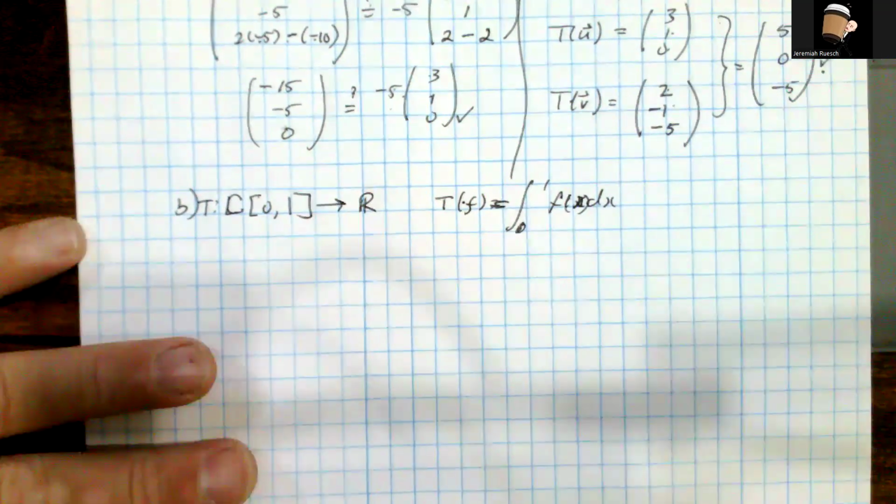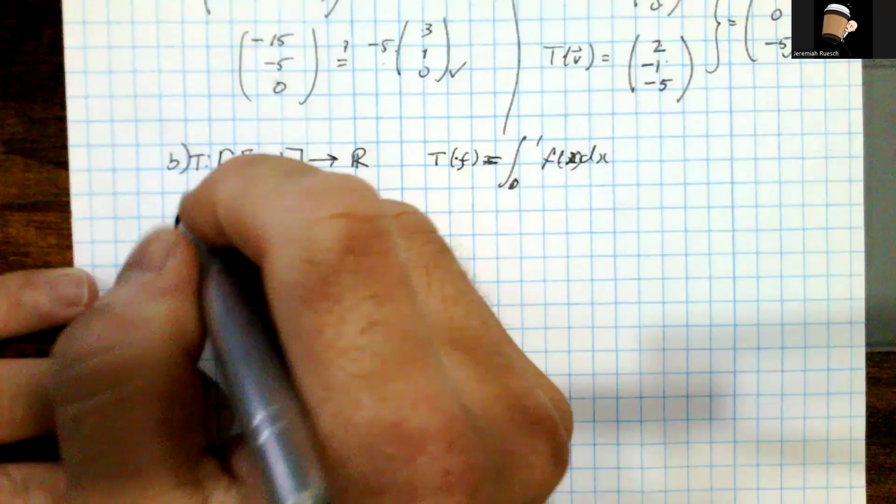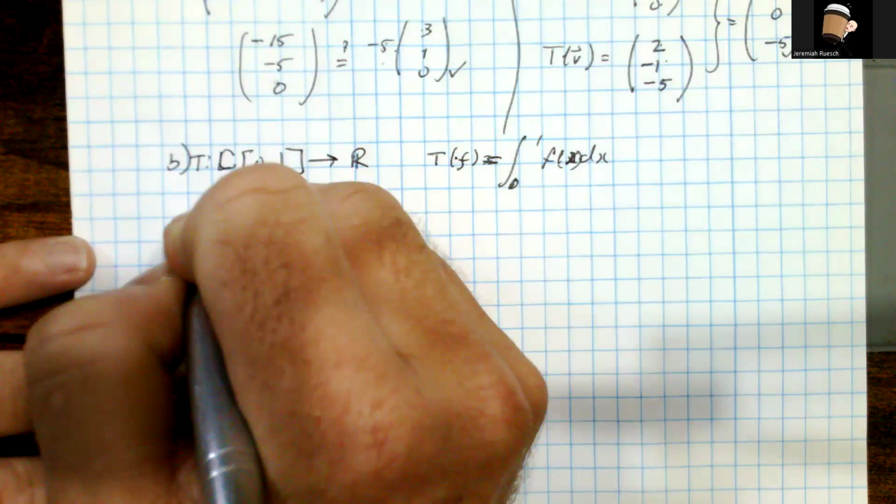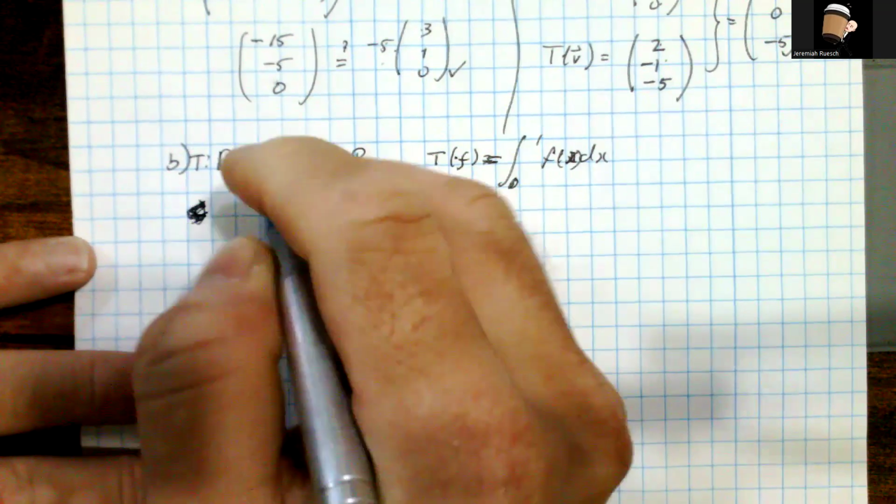All right, so let's compute A. Well, this is the property A, because I shouldn't have called it that.